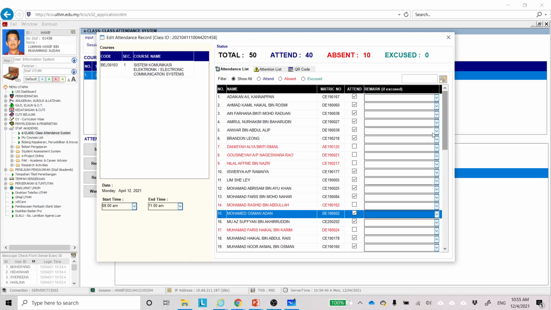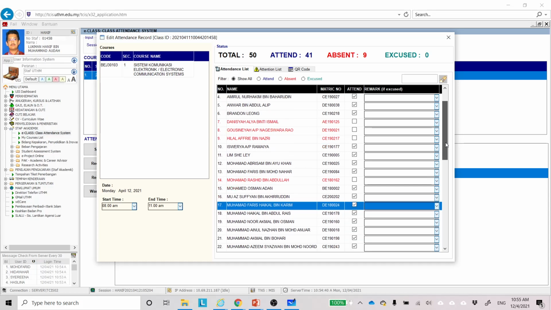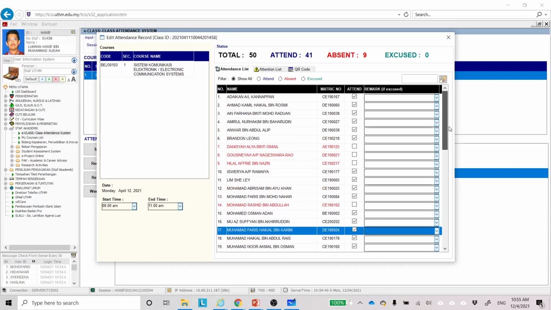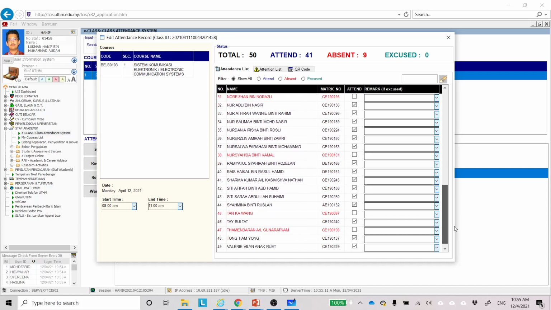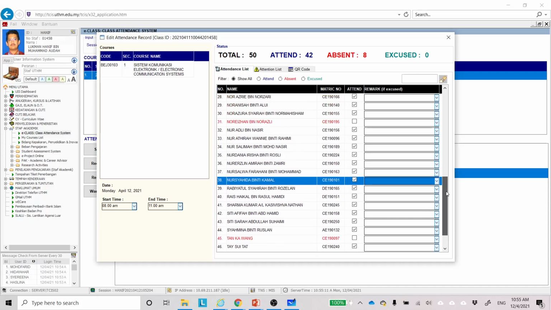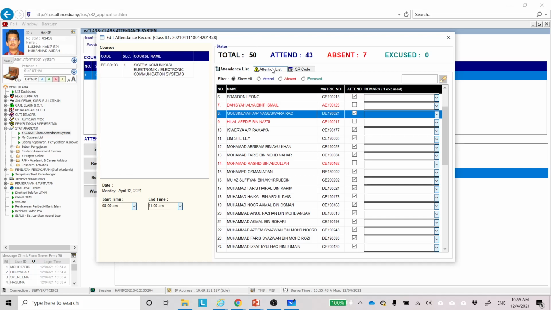Muhammad Faris Haikal, 17. Nur Sarah Farahani, dah. Nurshida, 38. Ada lagi Doktor, nombor 8. Terima kasih, Doktor.